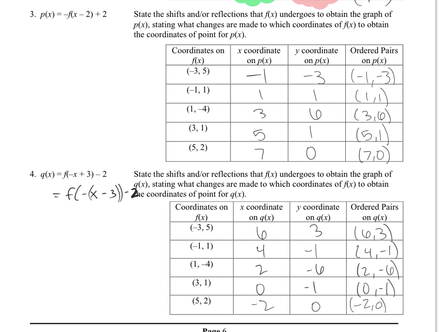Wait, but didn't you reflect and then add 3? I did positive 3 plus 3. Oh, okay, so you were looking at that. Yes. So what I want you to do is think about taking the negative out and what the effect is here.